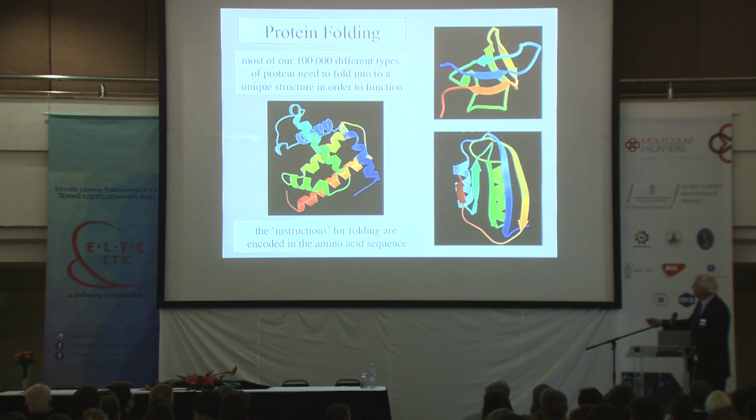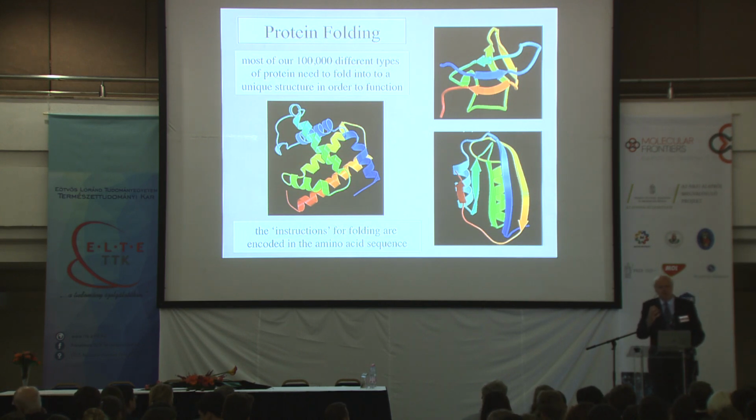They fold into helical structures like myoglobin, or this is an SH3 domain with beta strands forming beta structure, and this is an enzyme, actually, acyl phosphatase. So these fold to these exquisite structures with highly sophisticated functional processes, but also very beautifully designed surfaces.